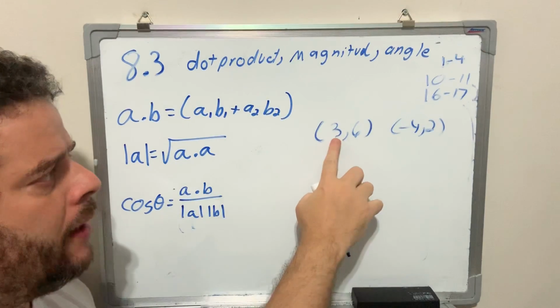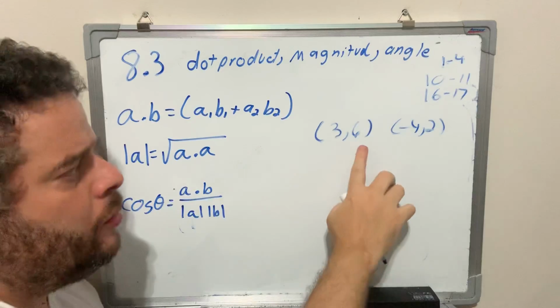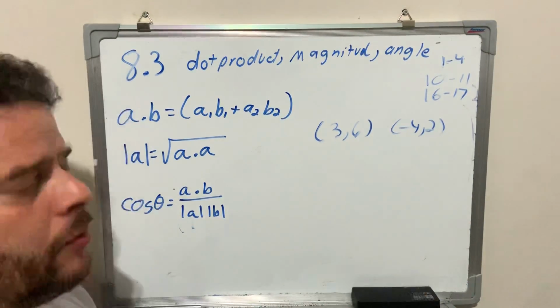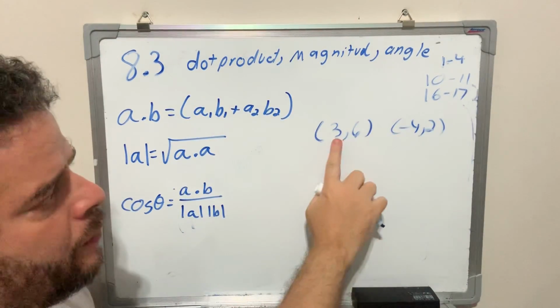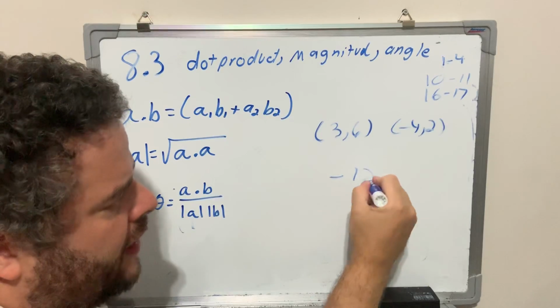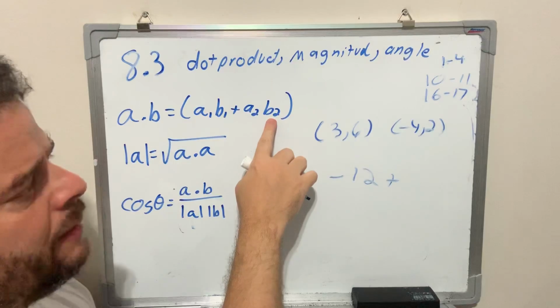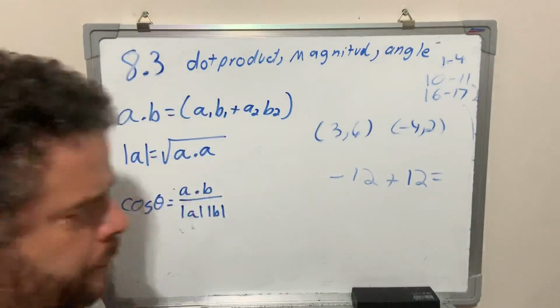We multiply A1 times B1, then we add it to A2 times B2. So again, let's begin. Let's multiply A1 times B1. 3 times -4 is -12. Plus, now we multiply A2 times B2. A2 times B2 gives me 12.